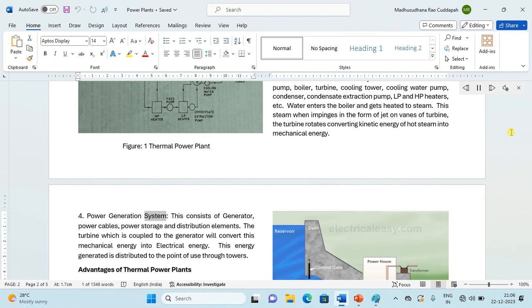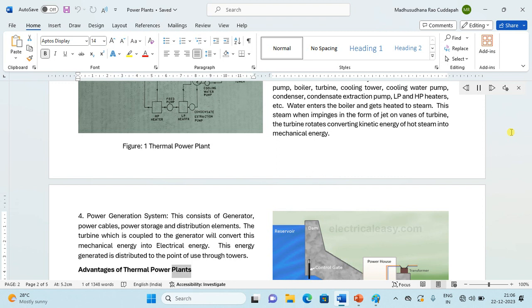Power generation system. This consists of the generator, power cables, power storage and distribution elements. The turbine coupled to the generator converts this mechanical energy into electrical energy. This energy is distributed to the point of use through towers.